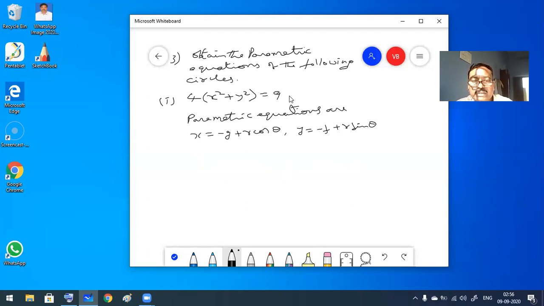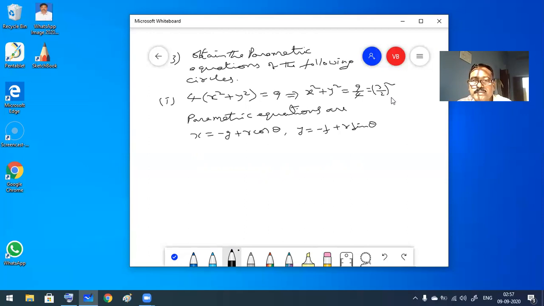So this equation should be transformed into x square plus y square is equal to 9 by 4. Okay. So this is equal to 3 by 2 whole square.